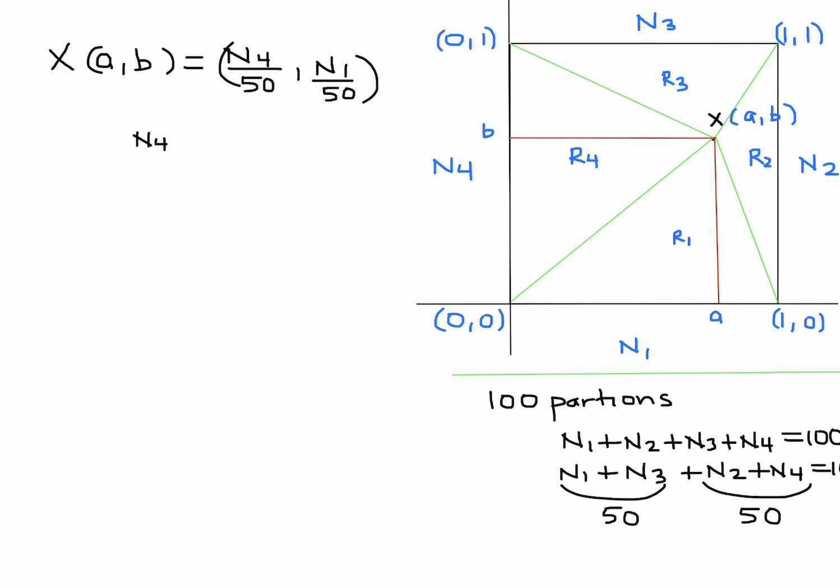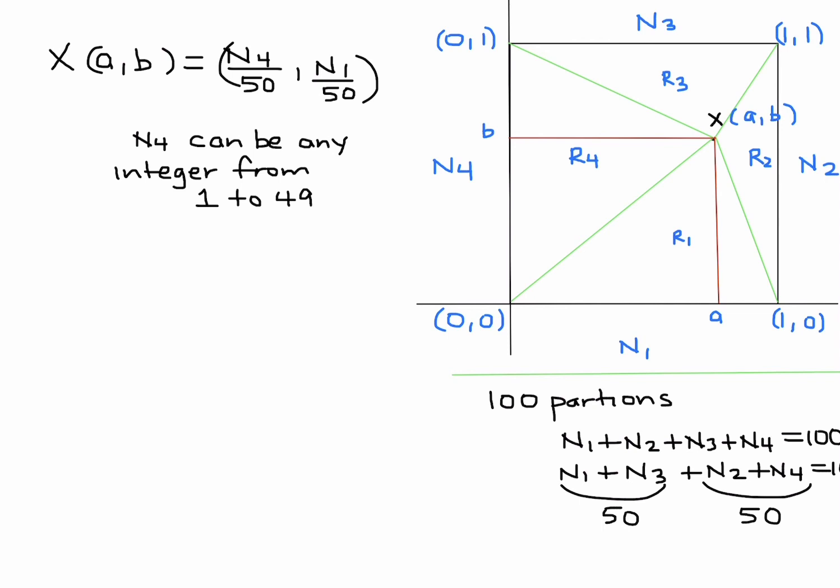That means that n4 can be any integer from 1 to 49. The reason it has to be an integer is because n represents the number of emanating rays, right? It's the number of rays, so it has to be an integer. Why 1 to 49? Why not 1 to 50? Because if it's 50, then it would be right on this line. It would be 50 over 50, which is 1. And x is inside that square. Okay?